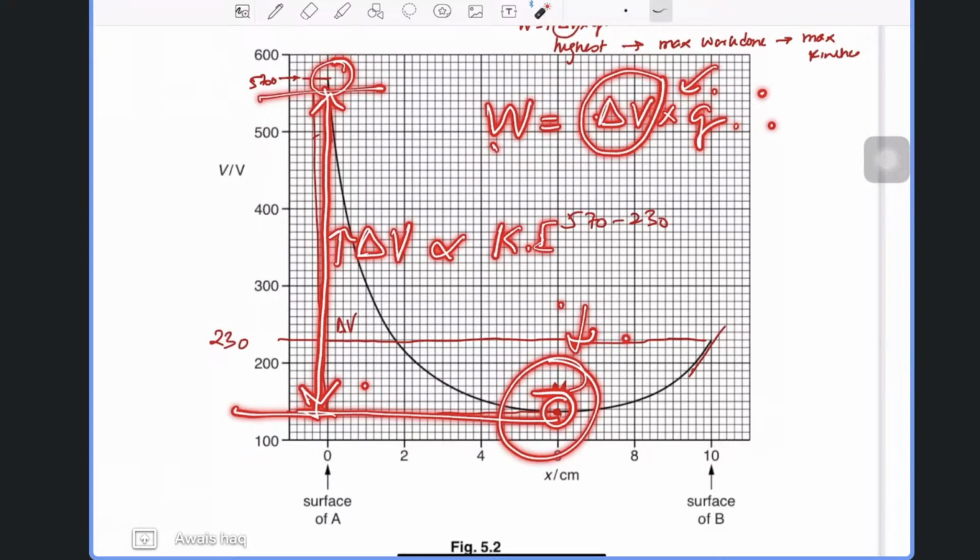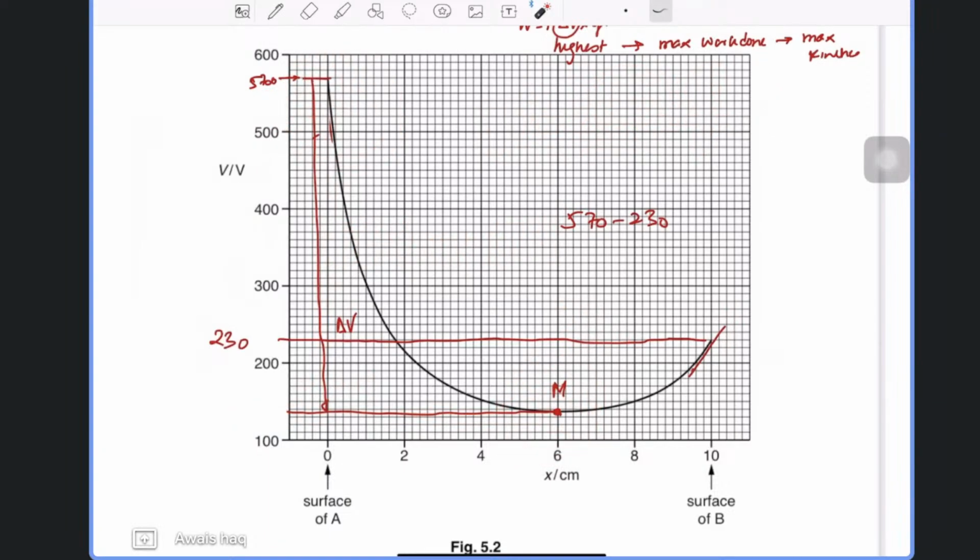In fact, at maximum voltage, this is just for your understanding, I'm going to write it down, the velocity will be 0. Because we also need to follow the law of conservation of energy, which states that potential energy goes to kinetic energy.